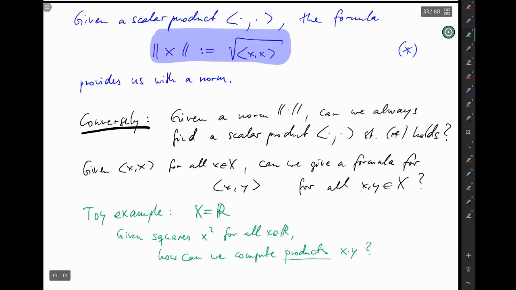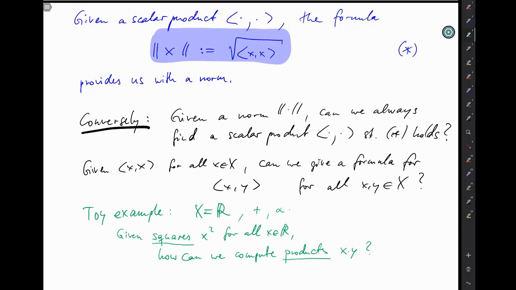So how can you compute products if the only thing you have is squares? And okay, let's be fair, in our real numbers we also have addition. We have plus and minus, of course, and we have little alpha times, which in this case is, to be honest, already x times y.